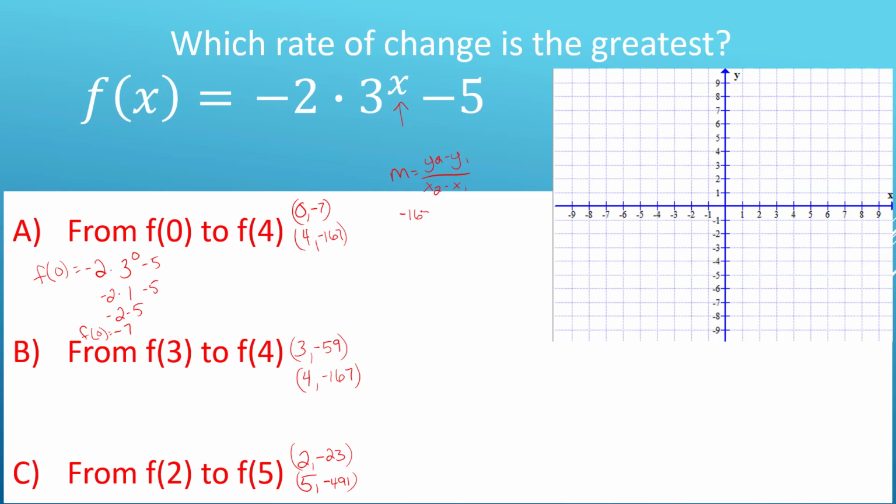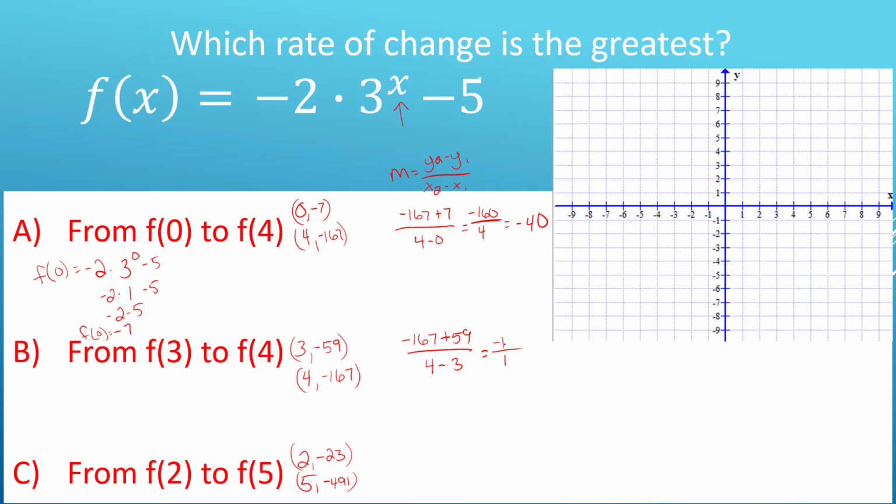Negative 167 minus negative 7 over 4 minus 0 is equal to negative 160 over 4, which is equal to negative 40. Next, we have negative 167 minus negative 59 over 4 minus 3. It's always nice when you have a denominator that simplifies down to 1.